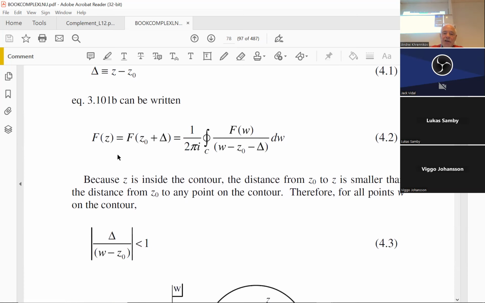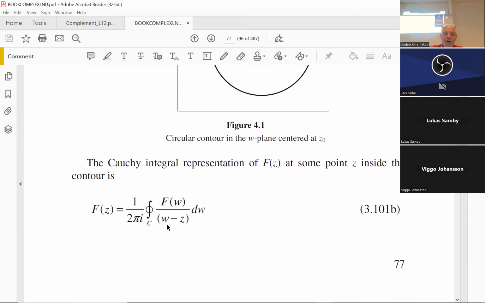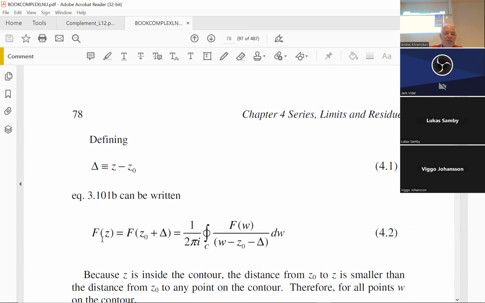Now we can write the previous formula in the same way. So the previous formula was this one, but now we write this double with respect to this. So we write in this way f(z). We can write z as z0 plus this difference.